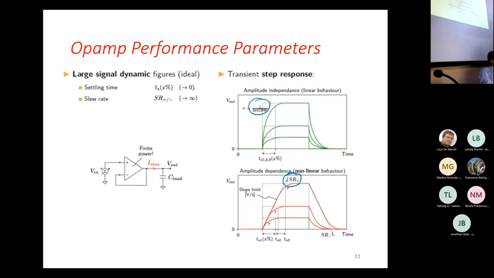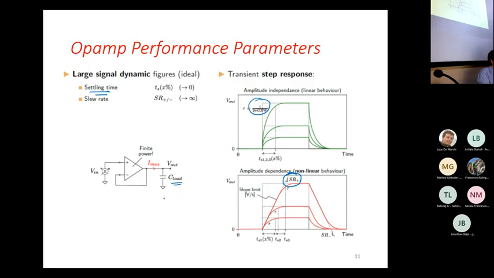The settling time can be estimated by looking at a small signal circuit, while slew rate effects are related to the maximum current that you can drive to the load.